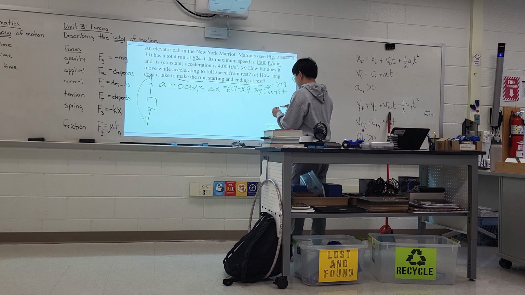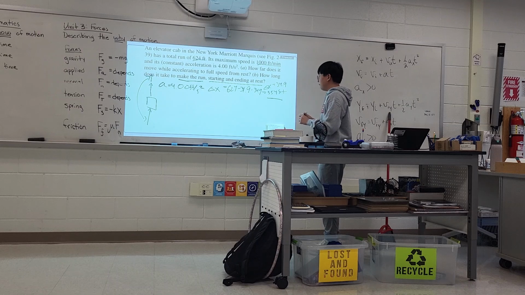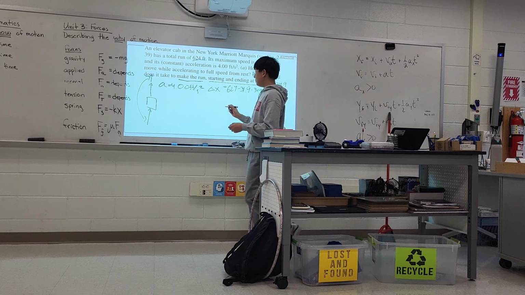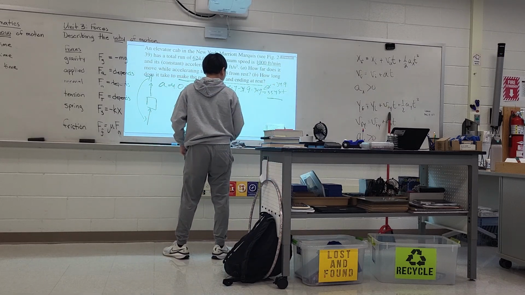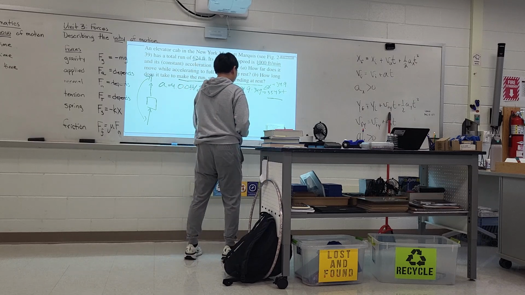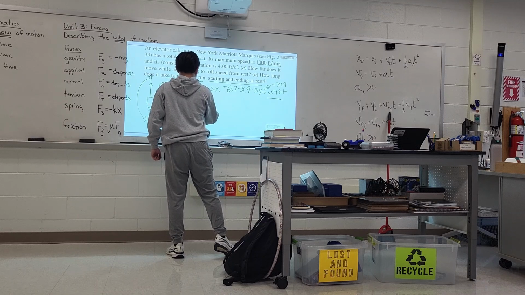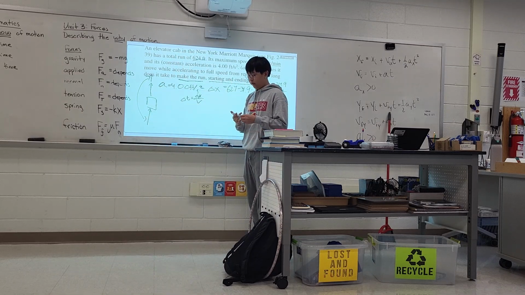So that's how long it moves at constant speed. Now we have to find how long it takes to travel at zero acceleration, right? So we don't even have to use the earlier equation. We can do delta t equals delta x over v, the velocity equation.